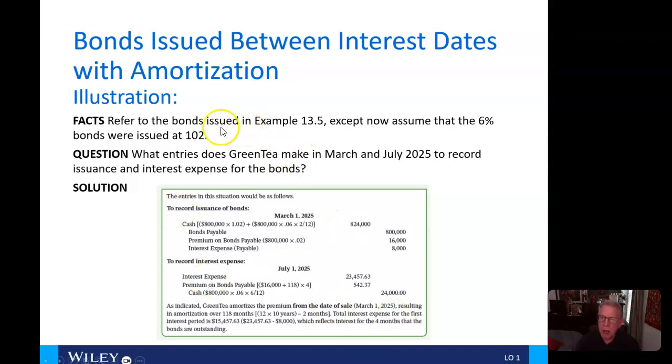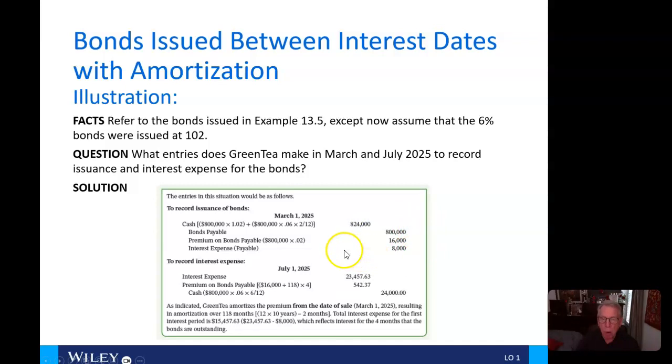Okay, so now here we're going to issue between interest dates, but this time we're going to be issuing at 102%. So 102% plus an additional $800,000 times 6% times 2/12. It will be at $824,000. Bonds payable, again, will be $800,000.